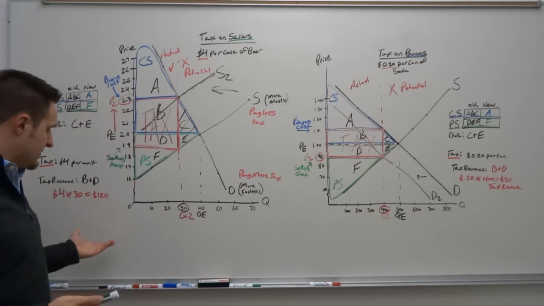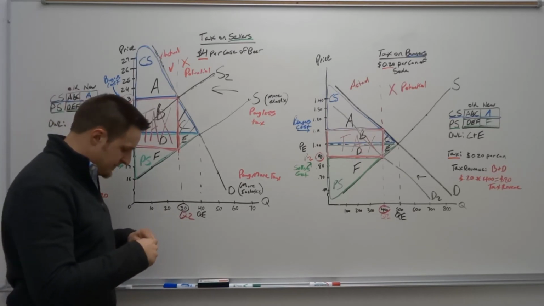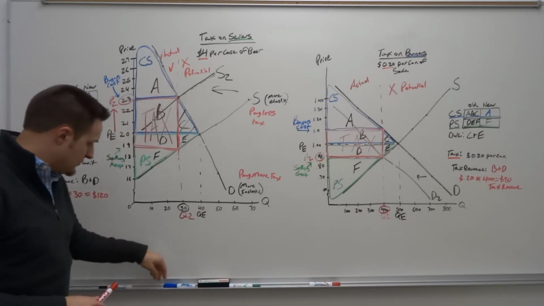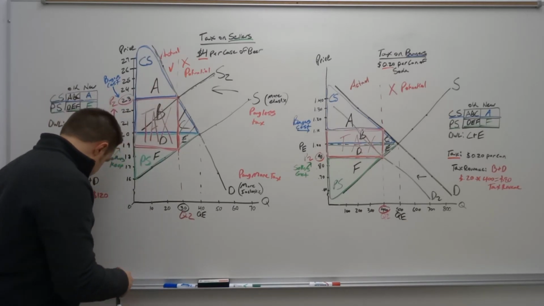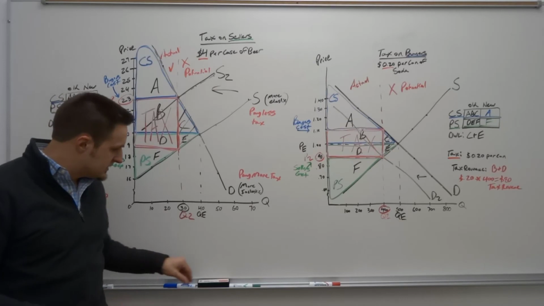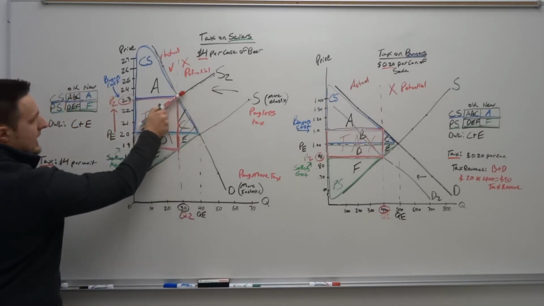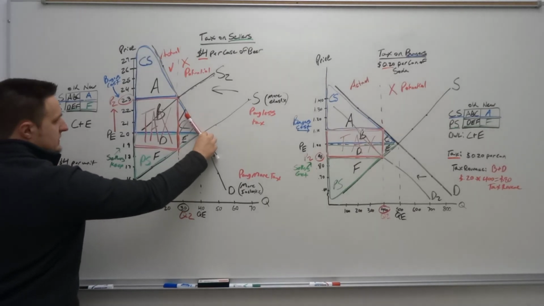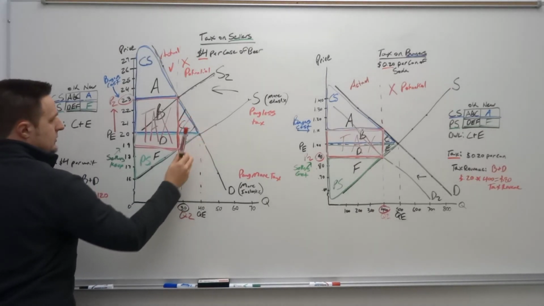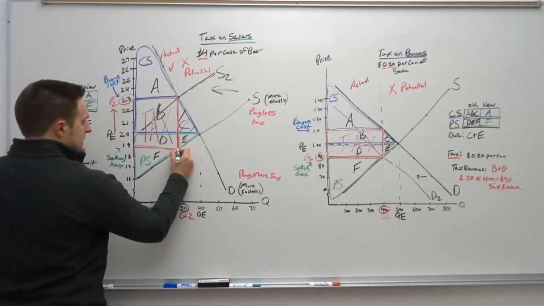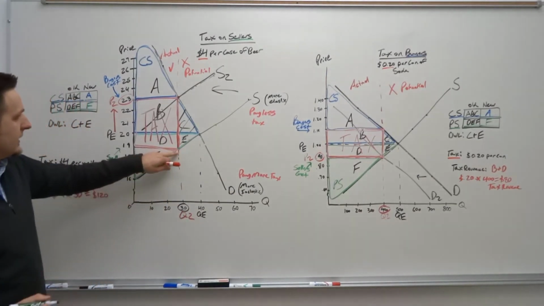Now, one other thing that we may want to consider is what would happen if you, instead of taxing the sellers, if you taxed the buyers. Well, if you were to tax the buyers instead, what you would have ended up doing is, instead of shifting the supply curve, you would have simply shifted the demand curve, and then your new equilibrium point would have been down at the bottom, down here, rather than up here.